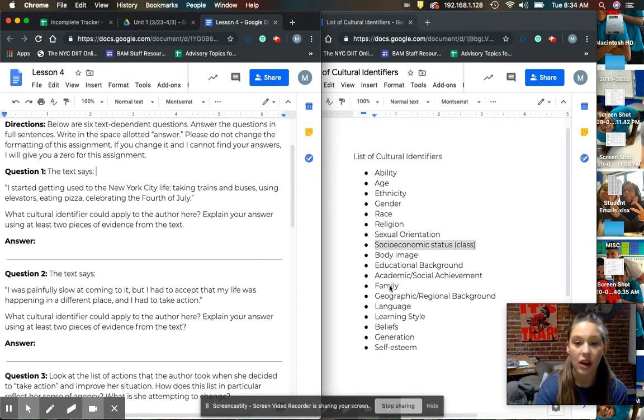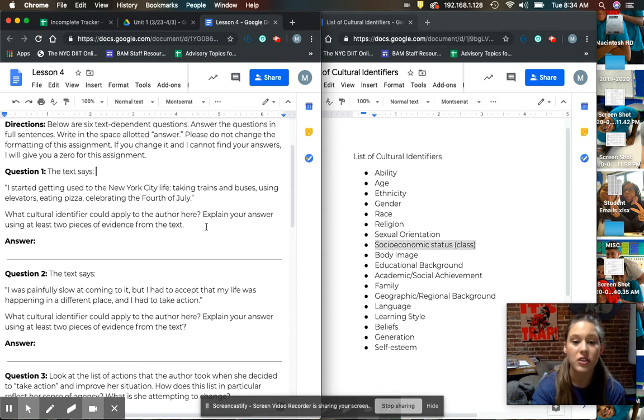Also thinking about geographical regional background, New York City life, and 4th of July. Maybe it could go into ability with using elevators. I don't know.